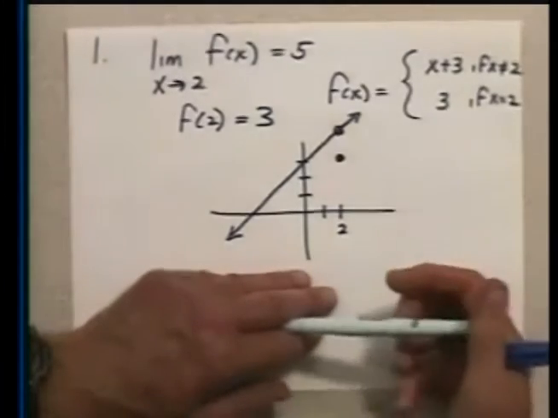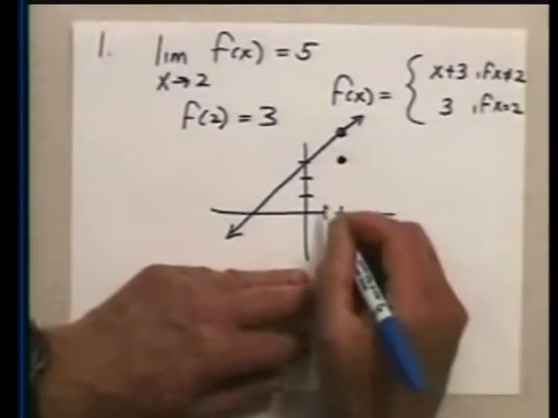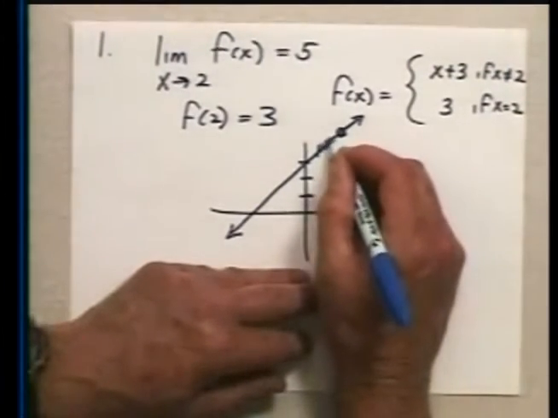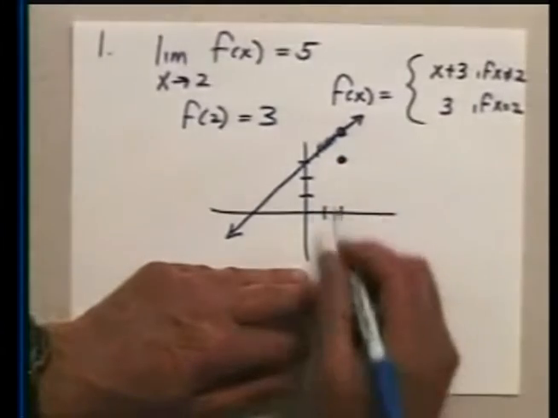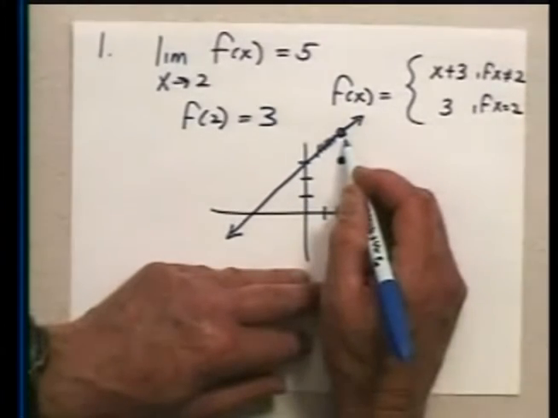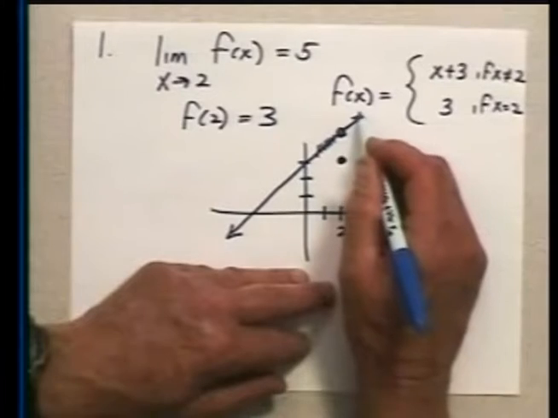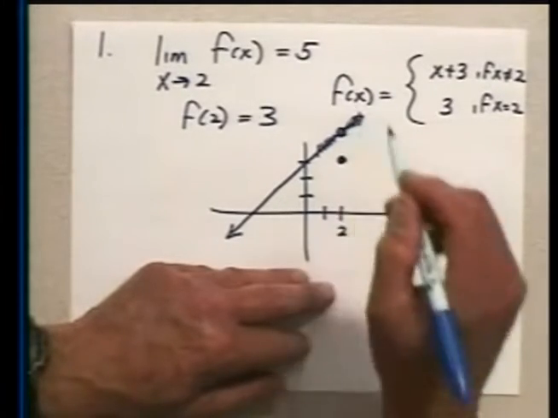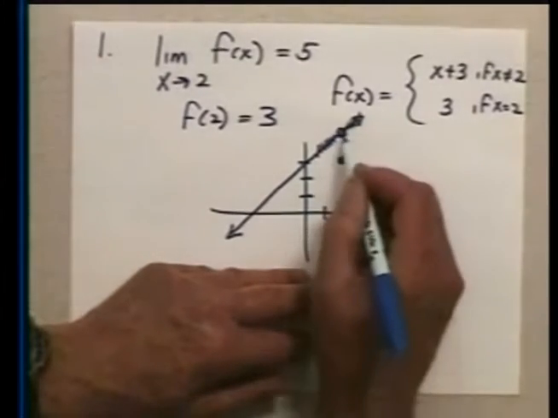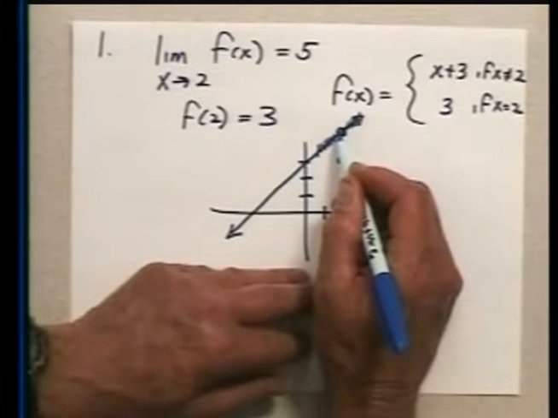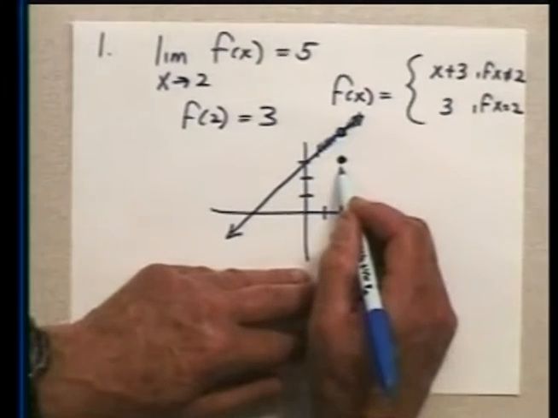Now, do you agree that if I come in towards 2, I'm following this branch of the curve on the left side and it's headed for 5? And from the right, I'm following this branch. It's also headed for 5. But if there's a hole right there, it never really reaches 5. And it could actually end up at 3.